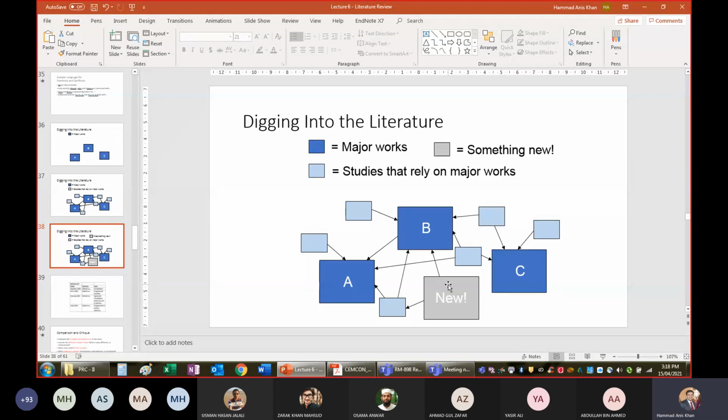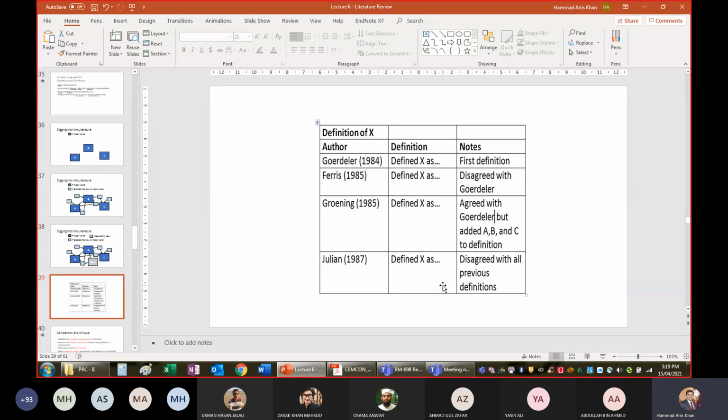Then something is remaining, something was left behind, which you can link with this research paper and which can be done on methodology B. So this is something new. This is a gap which you can work on.